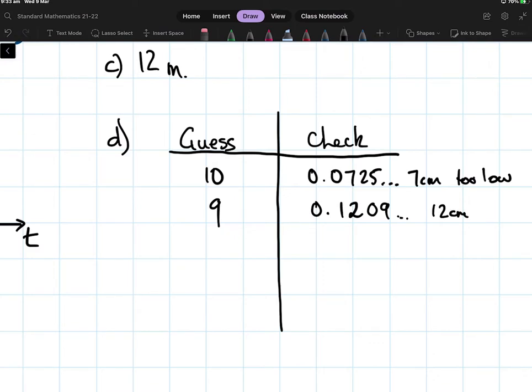So that's very close. So after the 9th bounce, it will reach 12 centimeters.